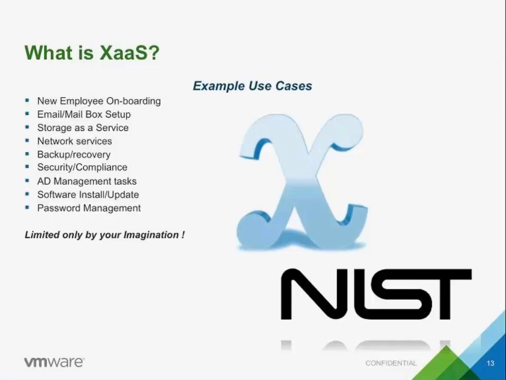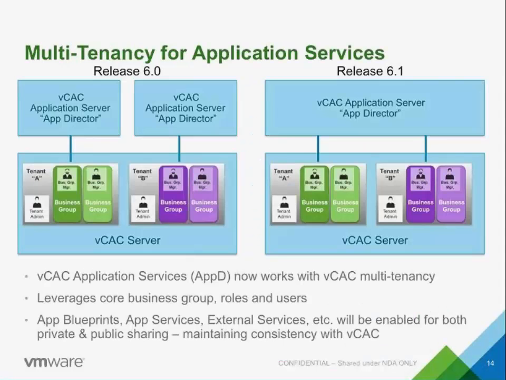It could be employee onboarding. It could be mailbox setup. It could be desktop deployment. Somebody gets hired, somebody gets let go, whatever it is. Security and compliance alignment, password management. Anything can be built up as a service, and with all of the new orchestration workflows we have, it makes it that much easier to do.